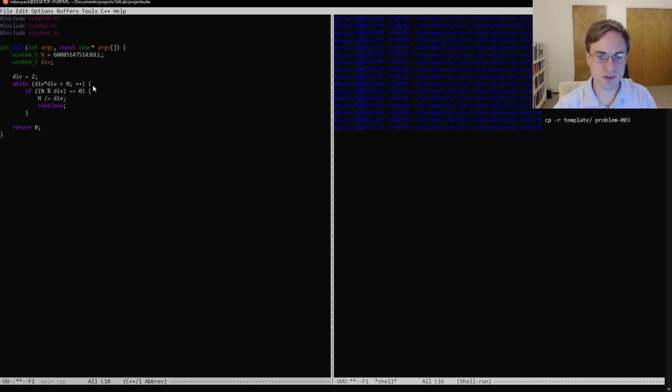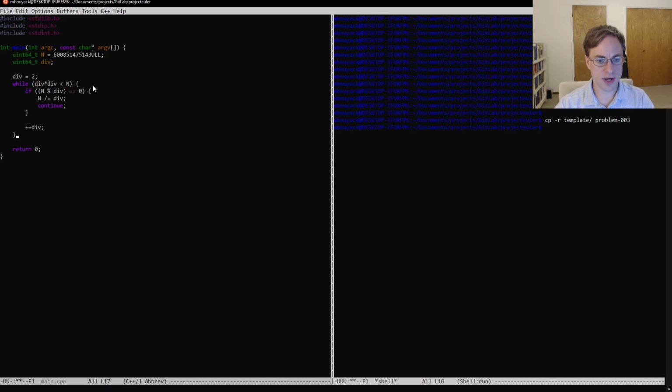And so this will actually do what I was describing. Now when we do this continue statement, that means that we will do this check, and then we will try the same divisor again rather than continuing on to the next divisor.